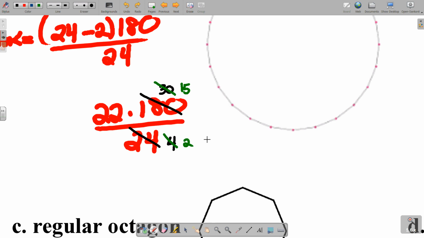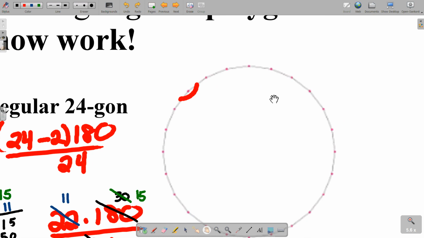But see, there's more I can do. 2 goes into 22 11 times. And now I'm down to 11 times 15. Ta-da! Look, Mom, no calculator. Try to do as many of those without a calculator that you can, unless you get a decimal. I understand. But really try to do as many of those as you can without a calculator by factoring.